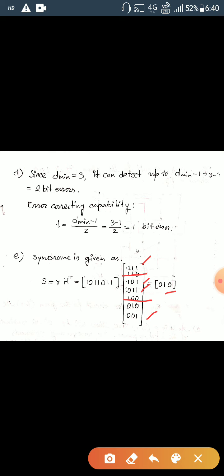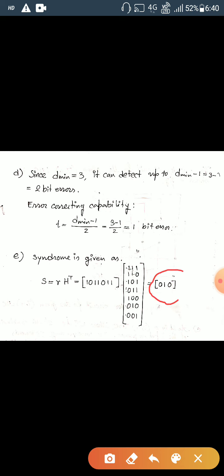From this, if you convert the binary syndrome result into a decimal value, the result will become 2. So the error has affected position 2, and you have to change that bit. Position 2, counted from the LSB side, is this one.